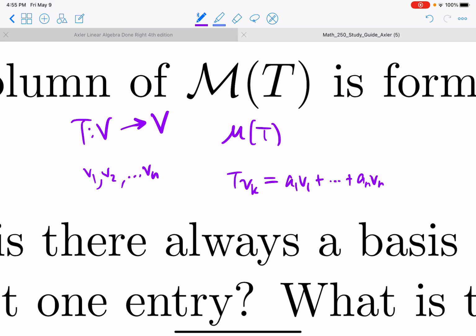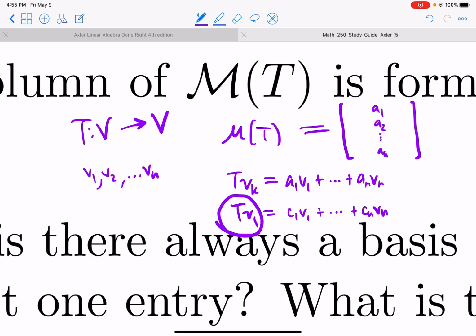And the kth column of that matrix should just be the numbers a1, a2 up to an. That goes in the kth column of M of T. Similarly, the first column is the numbers c1 v1 plus blah blah blah cn vn, where you write this vector Tv1. Whatever that vector is, you can write it in terms of a basis, and then you put those numbers in the first column. Okay.